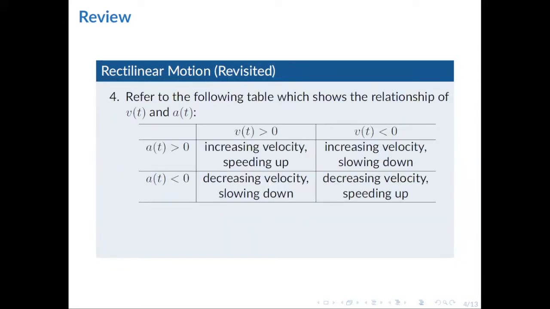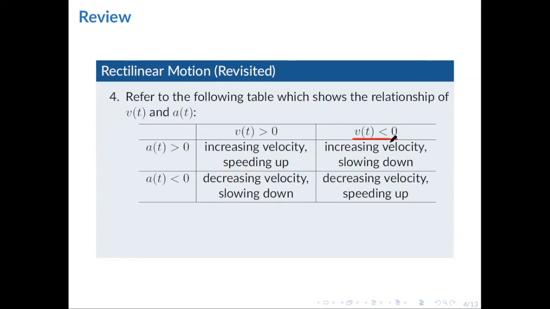Now we look at this table which shows the relationship of V of t and A of t. If V of t is positive and A of t is also positive, then the particle has an increasing velocity and is speeding up.